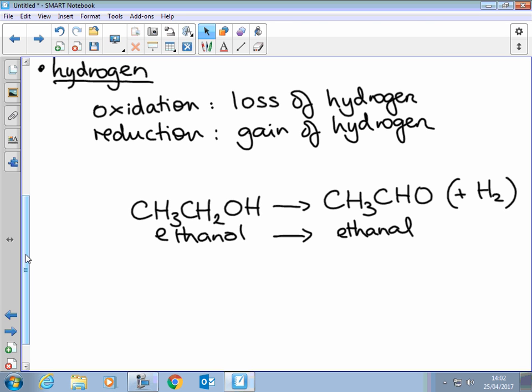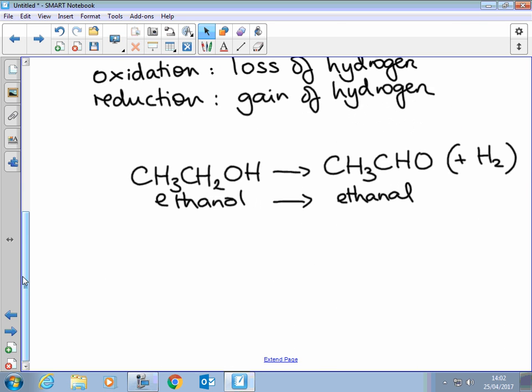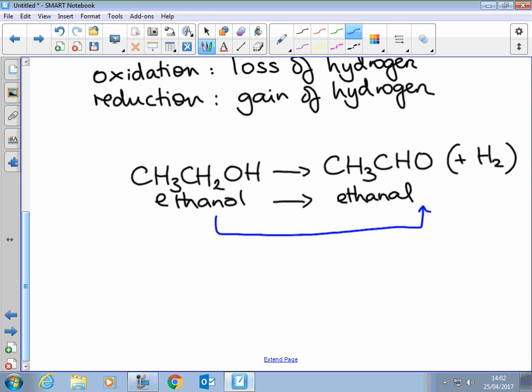And so the loss of hydrogen, going left to right, is which process? That's our oxidation, yeah? Which colour was I using? Blue for oxidation. So there to there would be oxidation. Whereas this time, the reduction process would be where?